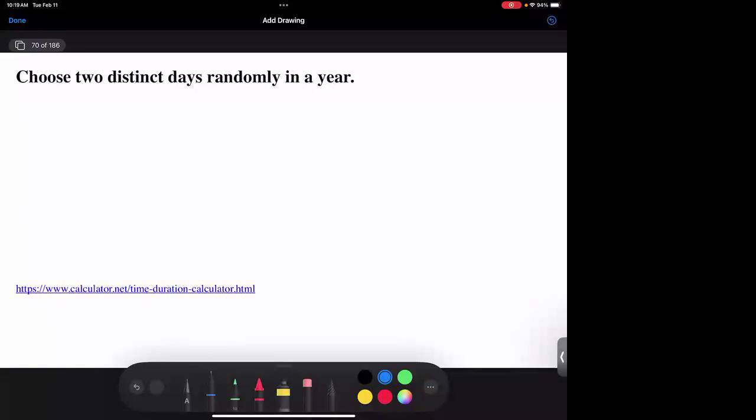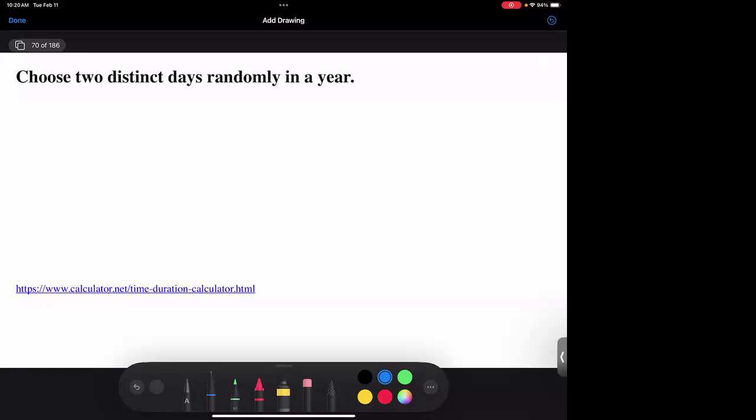All right. What I would like you to do is calculate the difference between the 2 dates. And so what I've just done is in the chat, I've actually put in a link to calculate the distance between 2 days.